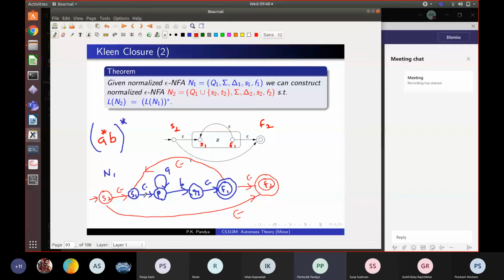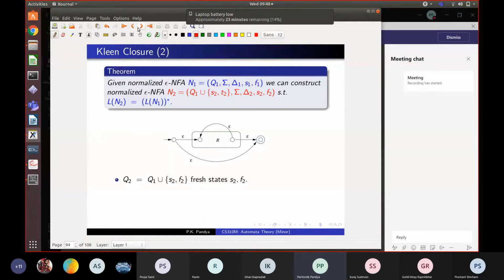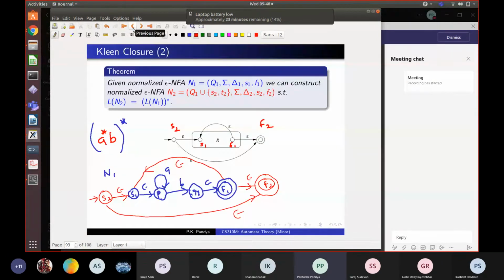So all these red arrows are the black arrows in the above diagram. So given this automaton, we construct this new automaton, and the claim here is that the language of this newly constructed automaton N2 is the star closure of the language of N1. Whatever the language of N1 was, we get the star closure of it. So is this clear to you guys? What we are trying to do? Is the construction clear?